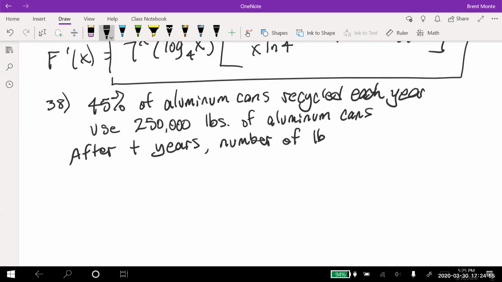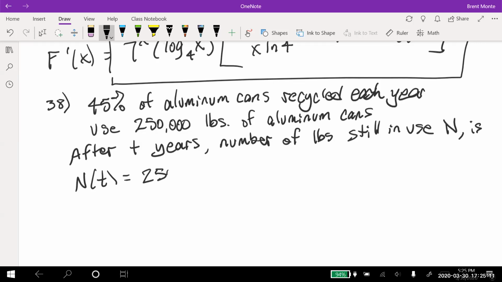Number of pounds still in use, N, is, so they give us a formula, N of t, so the number of pounds after t years, 250,000 pounds times 0.45 raised to the t power.